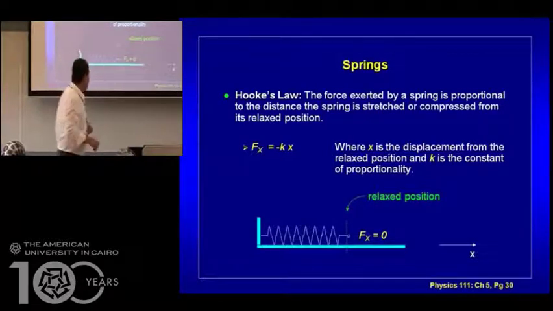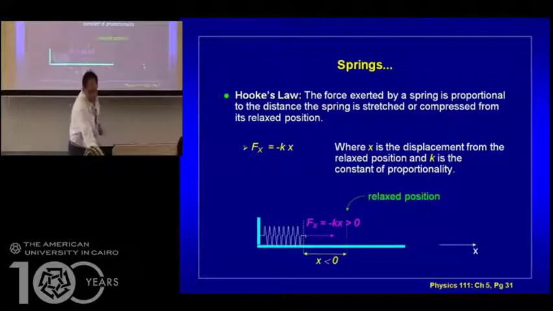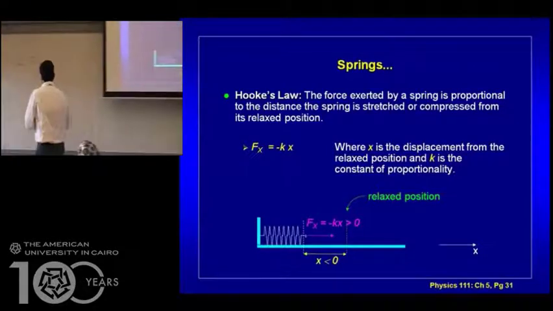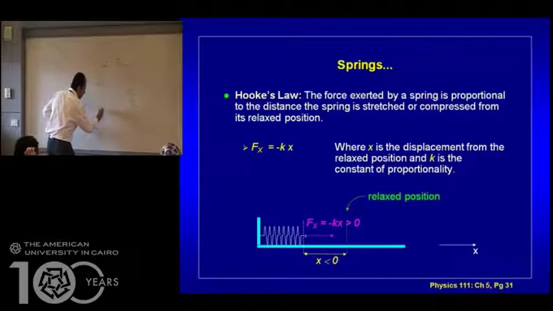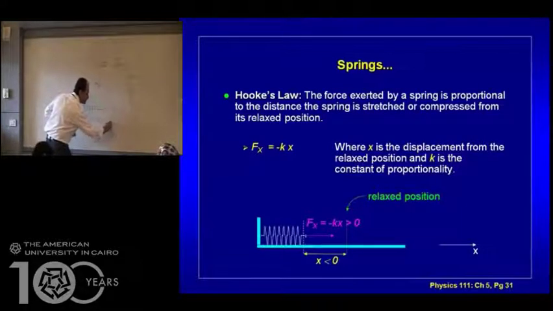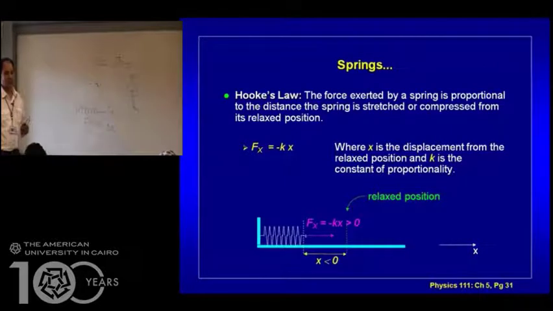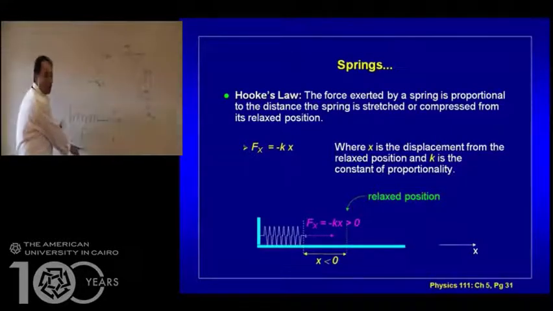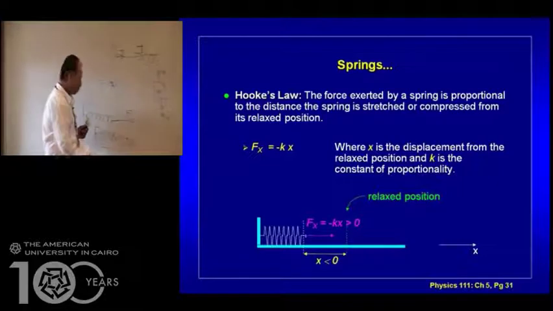So if you pull it with a force F, the force F is going to be directly proportional to the extension of that spring. You put more force, the difference in its length is going to be more. More force, more delta X.